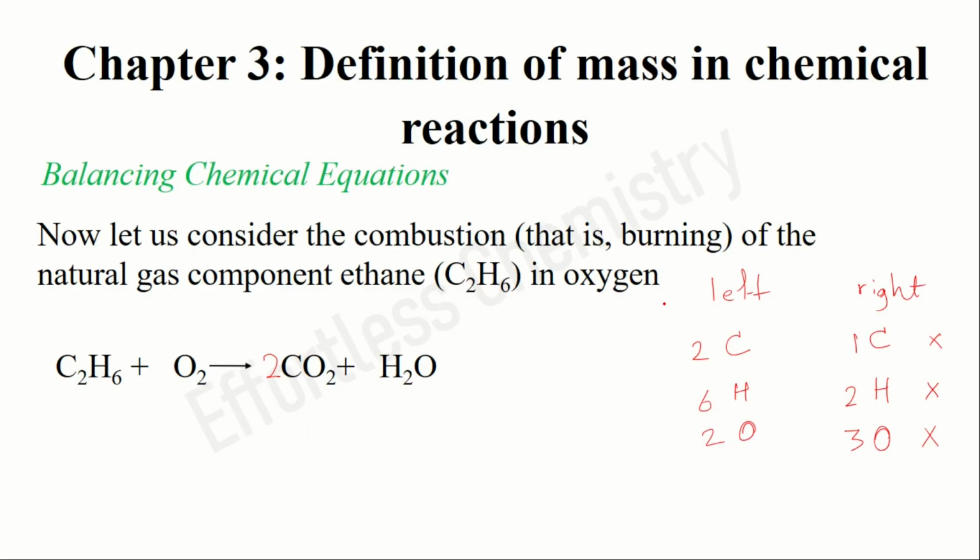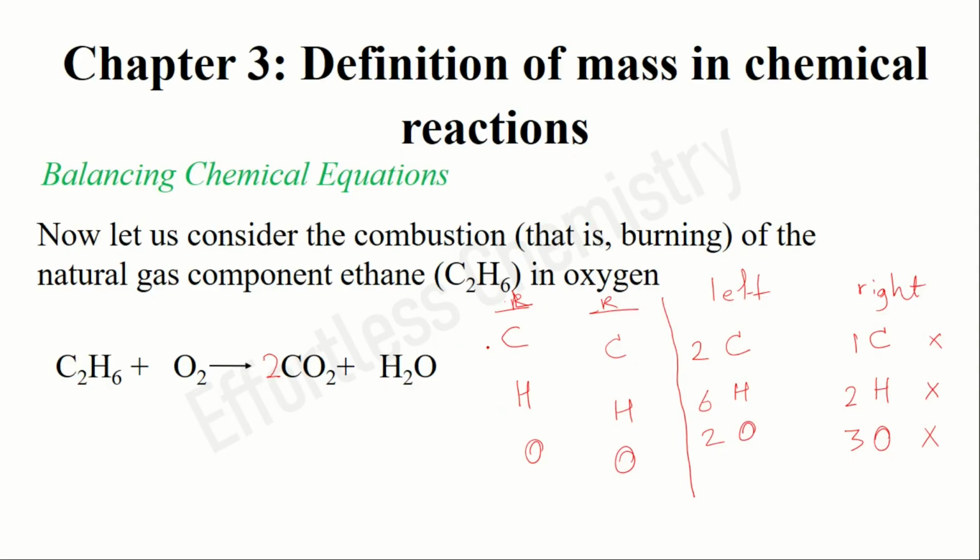I will write again here. For the left side, carbon, hydrogen, and oxygen. For the right side, I will write L and R in order to avoid writing again. Carbon, hydrogen, and oxygen.